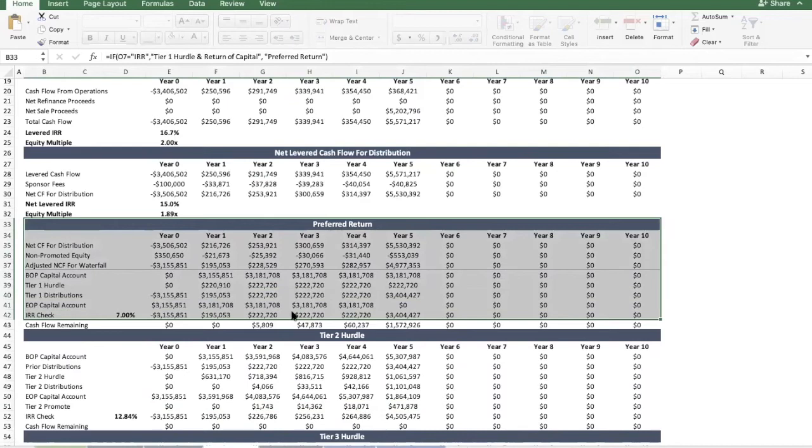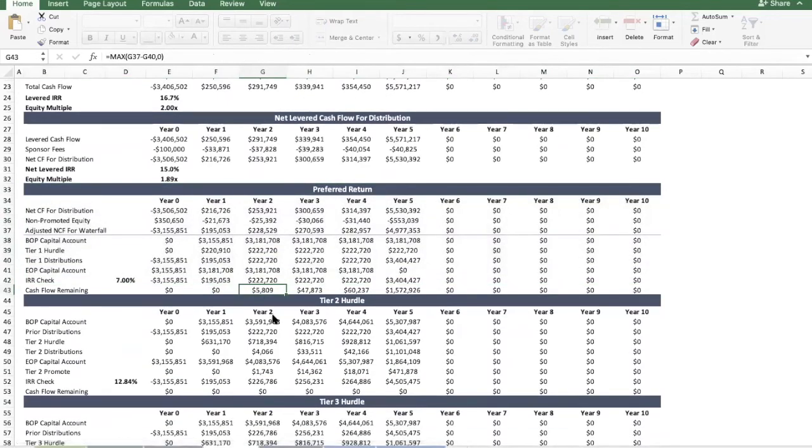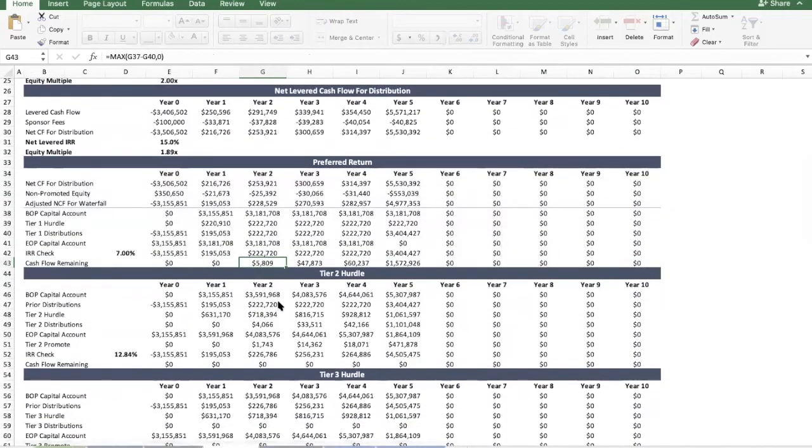And then we have cash flows remaining, just $6,000, which flow to tier 2. It's the next bucket, which then splits at the 70-30 rate. So you can see investors get the 70 at 4,000 and the sponsor gets 1.7 thousand as their promote. So that's how ongoing cash flows are promoted in this waterfall scenario.